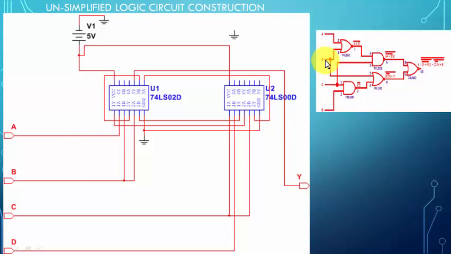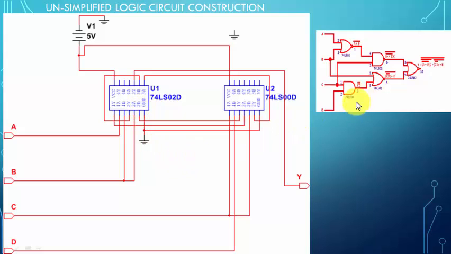Similarly, the B input connects to pin 3 of 7402 and also pin number 5 of 7402. So you can see B connects to 2 pins, one is pin 3, one is pin 5 of the 7402 IC.